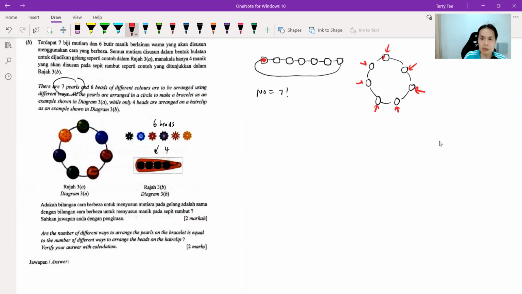For example, let's say the red one here. Let's say I have the green one here. The green one is actually next to the red one, on the right. And then let's say my yellow one is on the last part. When I connect the yellow next to the red, and I rotate them at 7 different positions, the green is always on the left-hand side of the red. The yellow is always on the right-hand side of the red.